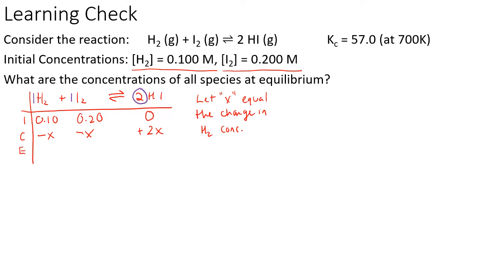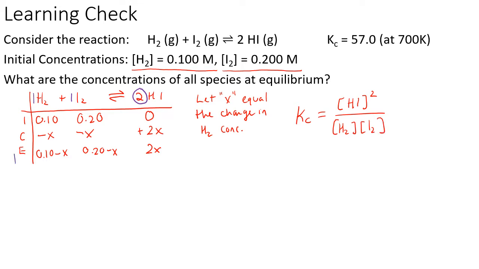Our equilibrium line then for hydrogen will be 0.10 minus X, iodine will be 0.20 minus X, and HI will just be 0 plus 2X, which is 2X. We can now write our equilibrium expression. K sub C will equal HI squared over H2 concentration times I2 concentration.